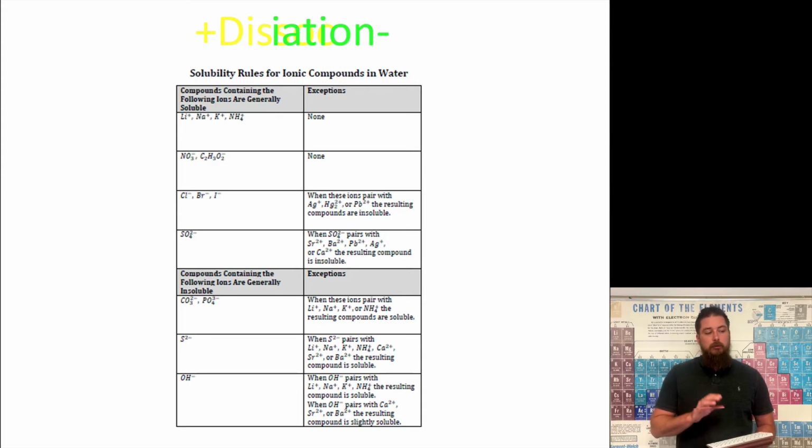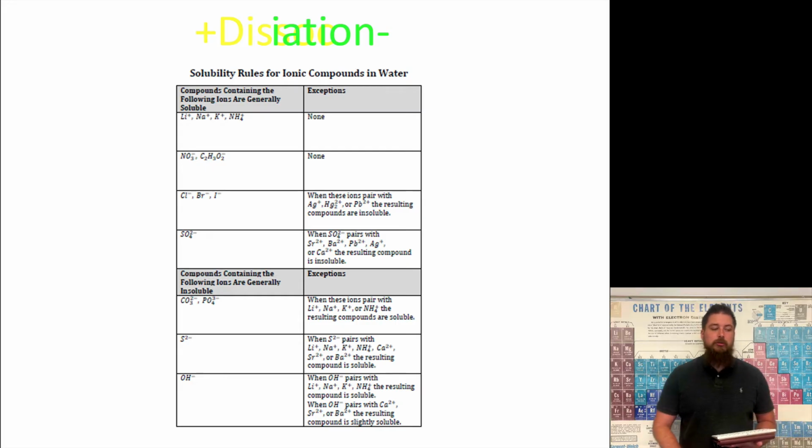Notice how chloride, bromide, and iodide are soluble in water. That means that they will dissolve. But there are exceptions. For example, silver, mercury, and lead: when those compounds are with one of those ions, it will not dissolve. So again, chloride ion is soluble, but silver chloride is not, because silver is one of the exceptions.